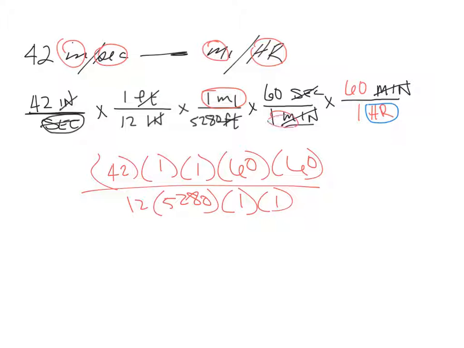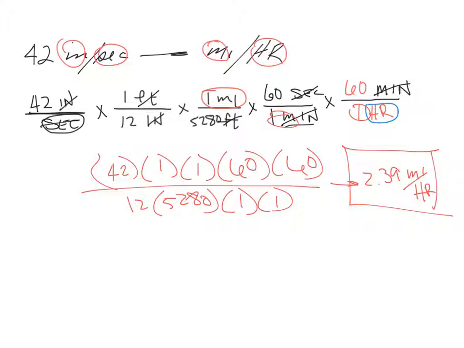I just included all of these little ones there, they don't really matter. Once I do that, I get an answer of 2.39 miles per hour. Not very fast. A little slower than average walking speed, going 42 inches in a second.